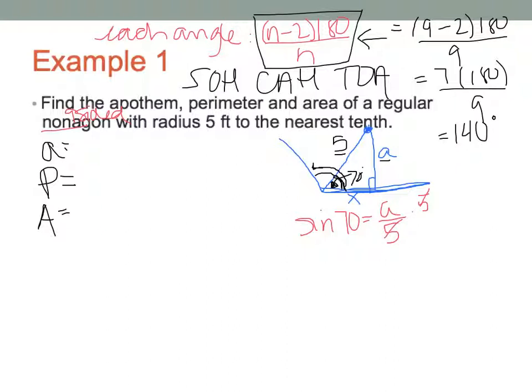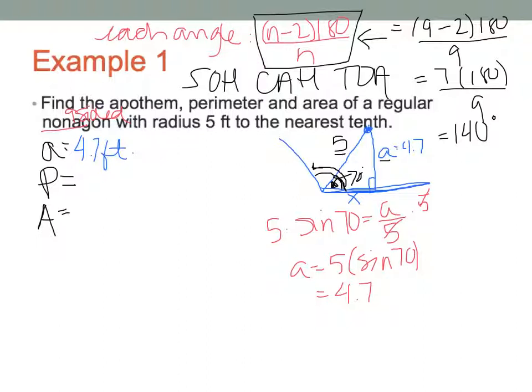Multiply each side by 5, and a, my apothem, will be 5 times whatever the sine of 70 is. Plug that into your calculator, and I get a equals 4.7, and it'll be feet. So a, my apothem, is 4.7, and I'll write it in here, 4.7 feet. I found that using the trig function, but before that I used the formula to find each angle. I divided that by 2 to get 70 degrees for that interior angle.